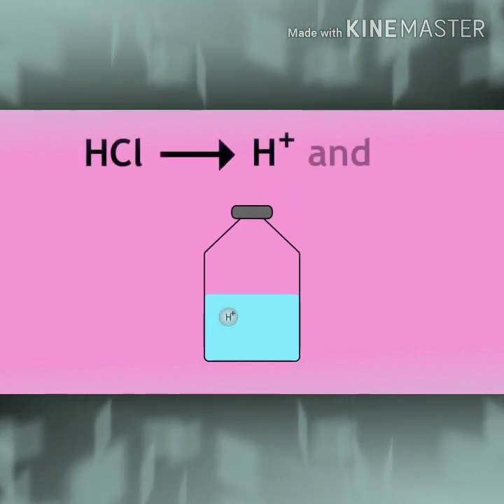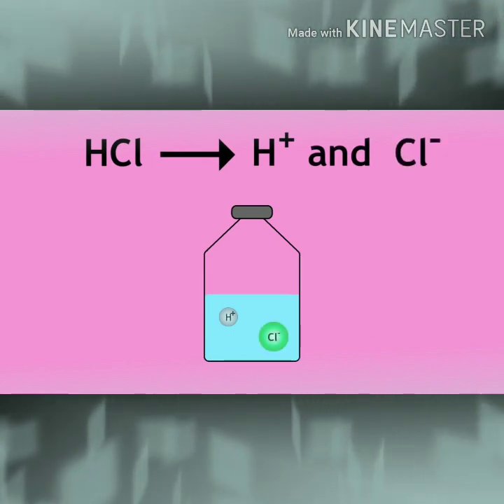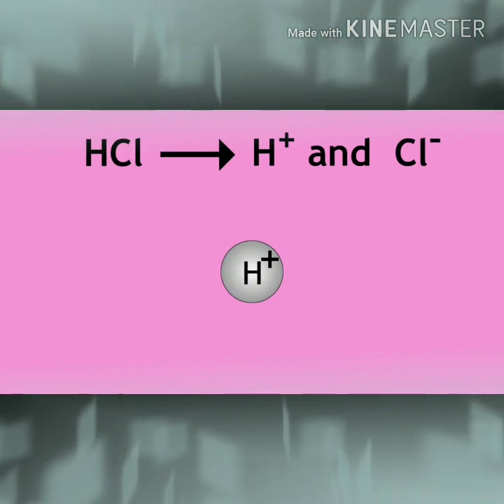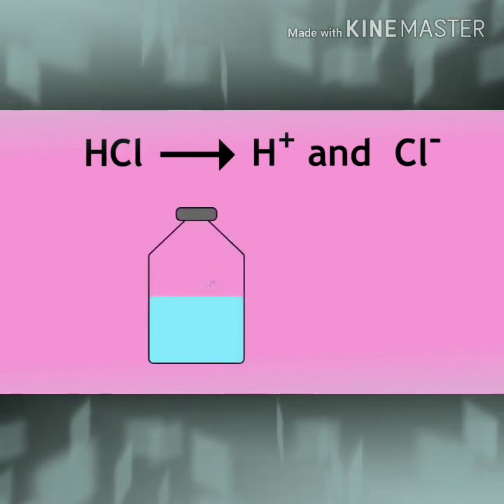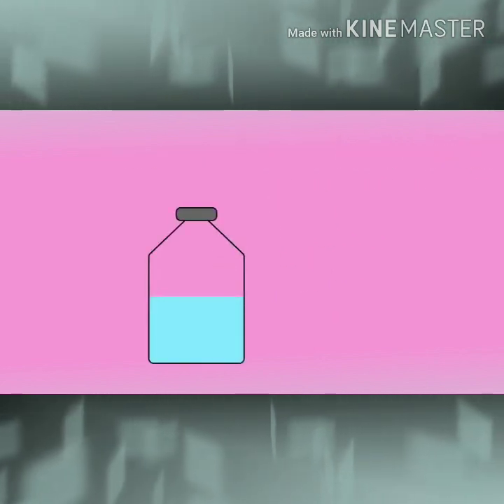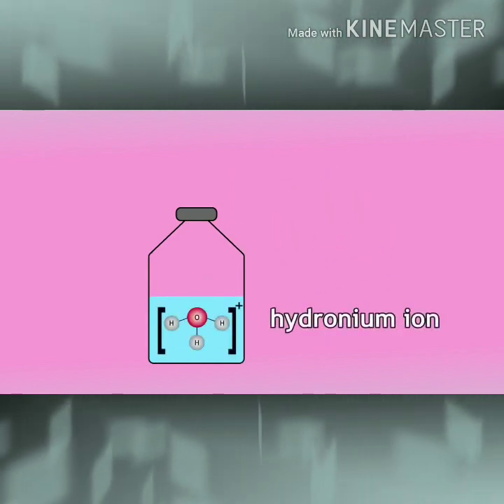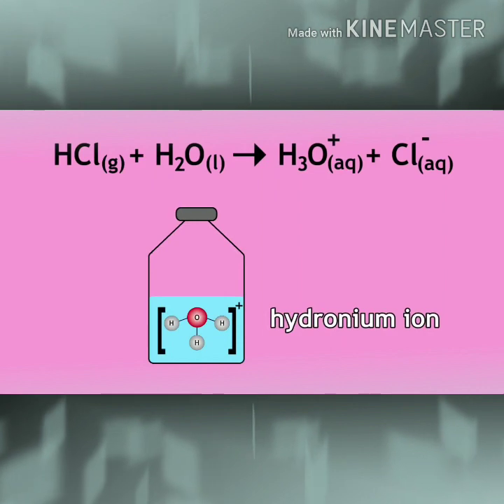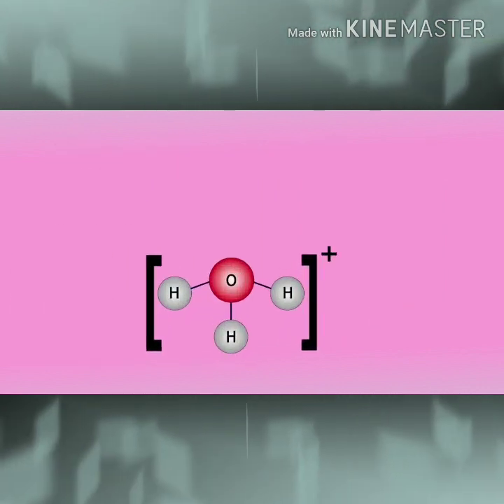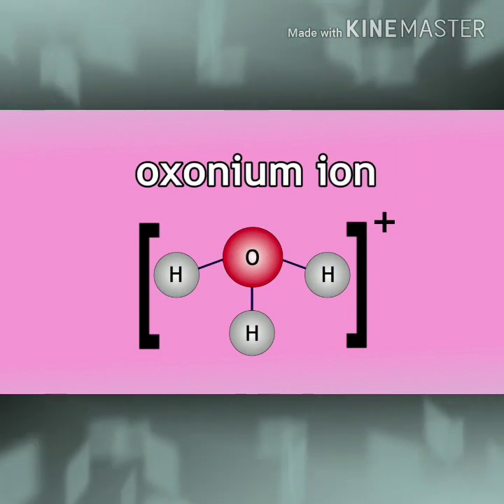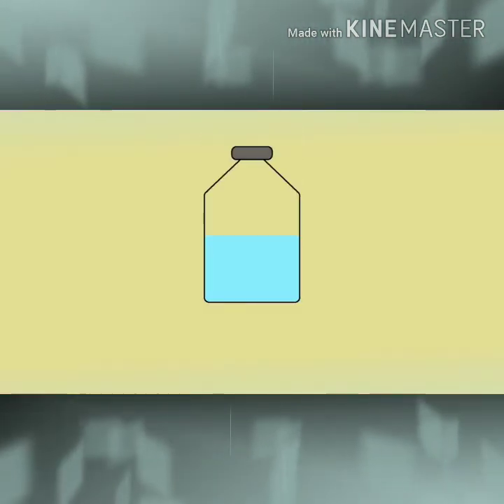When hydrochloric acid dissolves in water, it dissociates into hydrogen ions and chloride ions. So here the water accepts a hydrogen ion to form which ion? Here actually water accepts a hydrogen ion to form hydronium ion, and this hydronium ion is also known as oxonium ion.